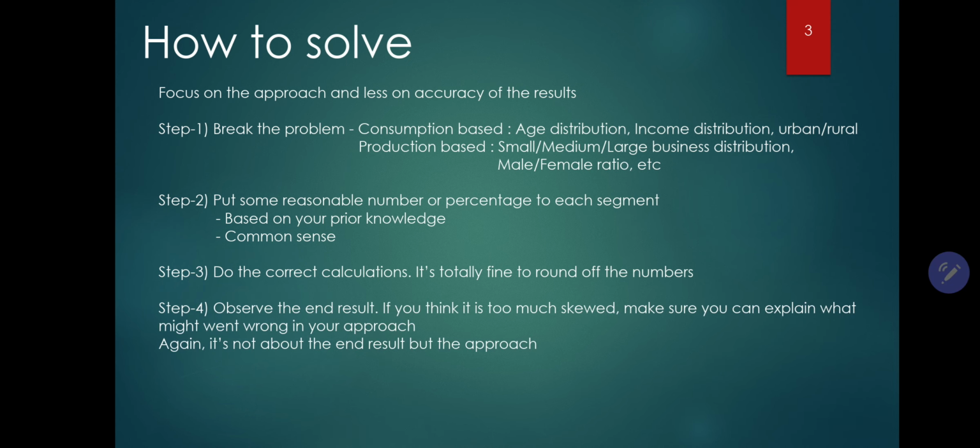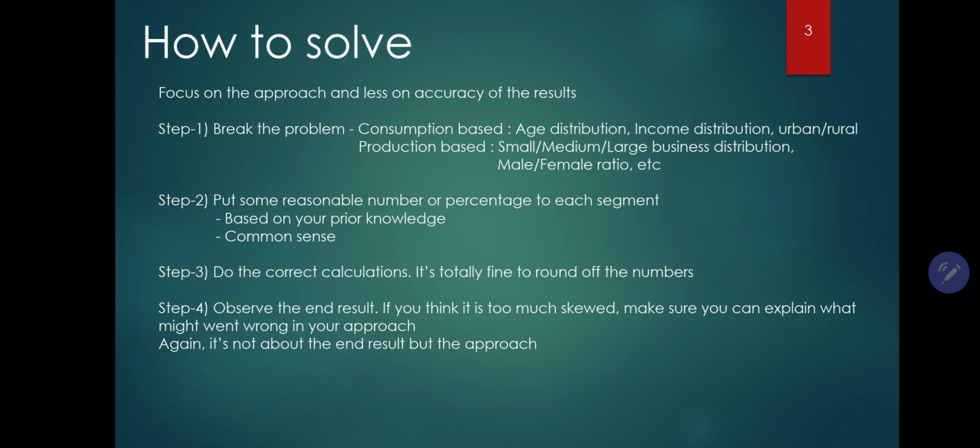And the last point is related to your end result. Just observe the result. In many cases you might come up with a result which is very much offset. It is totally fine to have an offset number as per your calculation, but make sure you can explain what might have gone wrong in your approach.